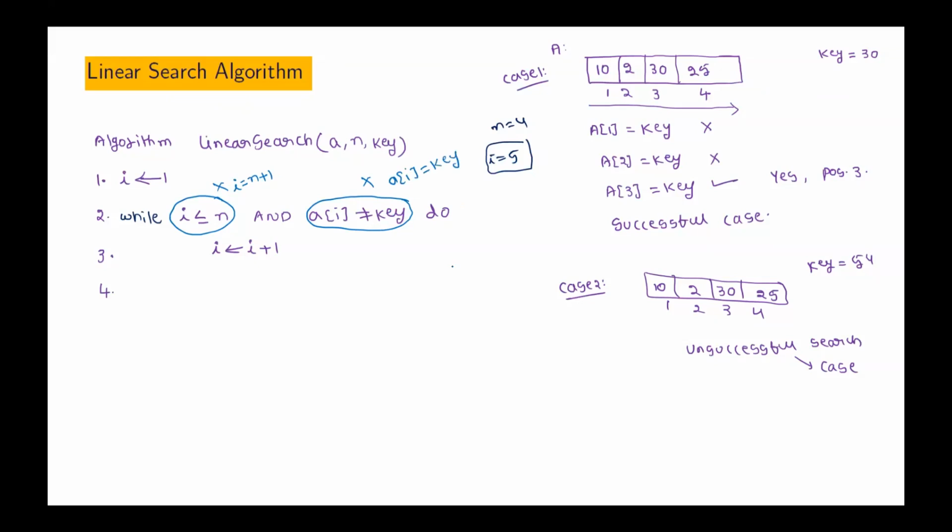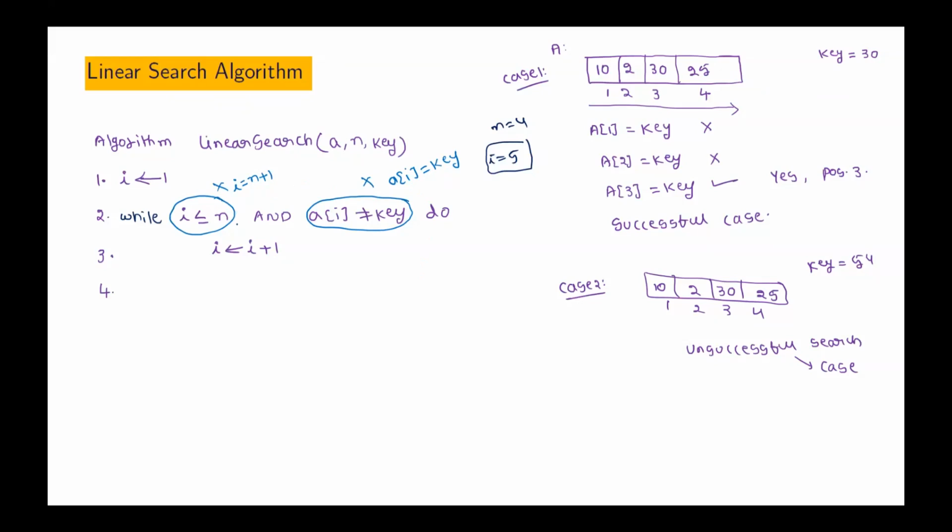If A of I equal to key, what can I say about the value of I in that case? Is it less than or equal to n, or more than n?